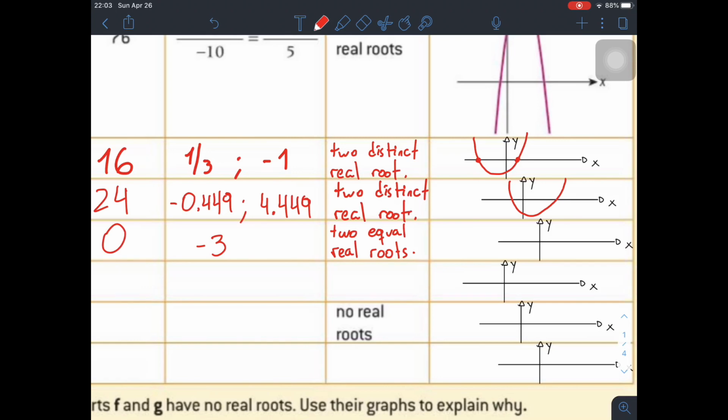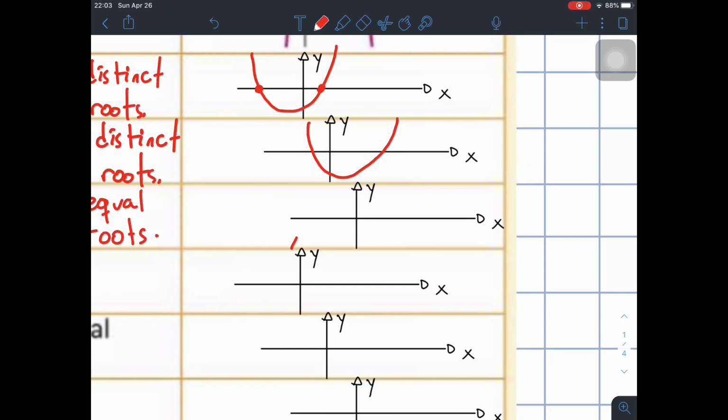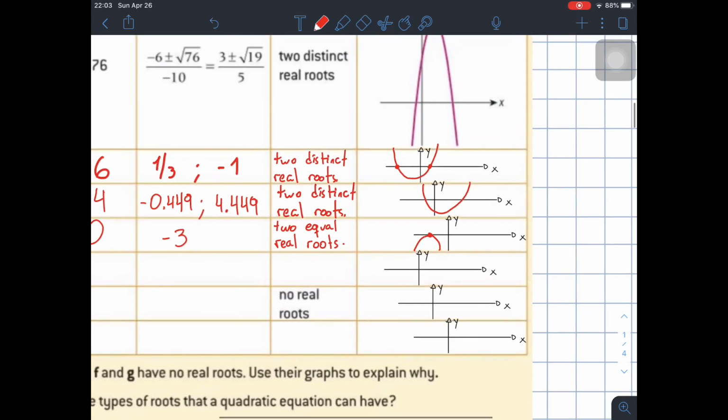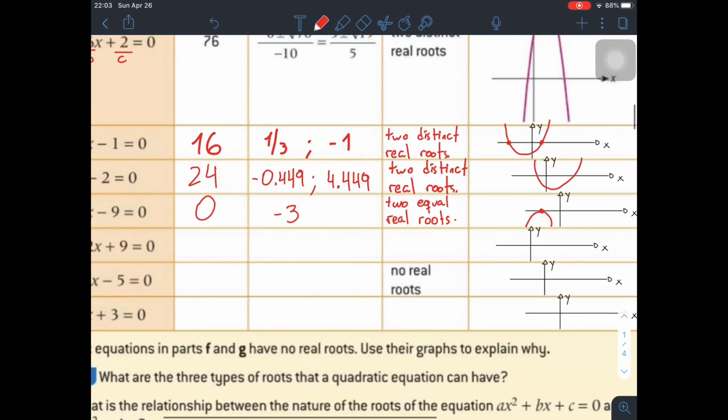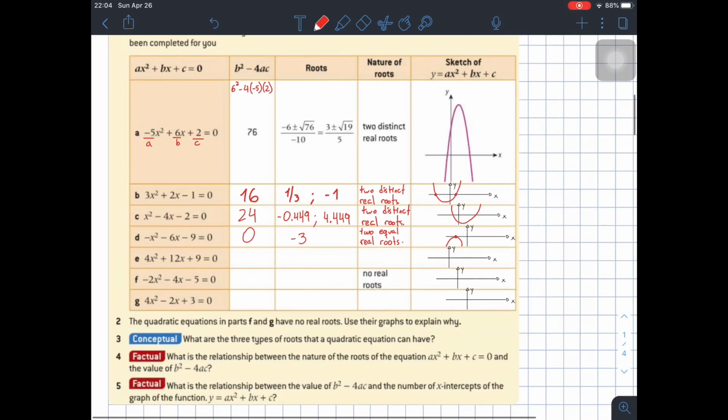Okay, so in this case we see that a parabola that is tangent to the x-axis at this point, okay? It touches the x-axis at only one point. So you see that occurs when this value that we calculated here is 0, okay?